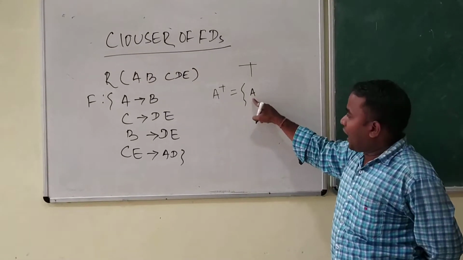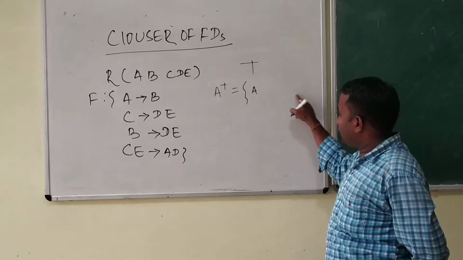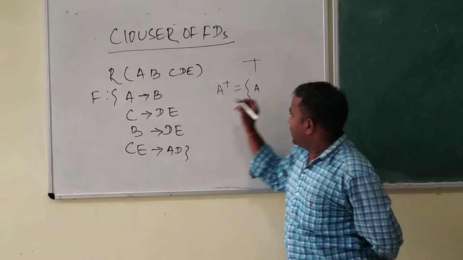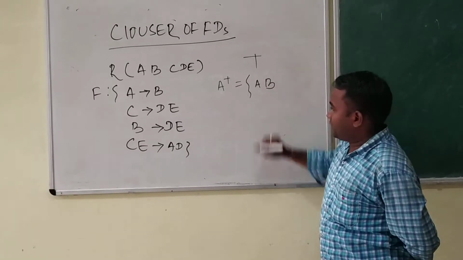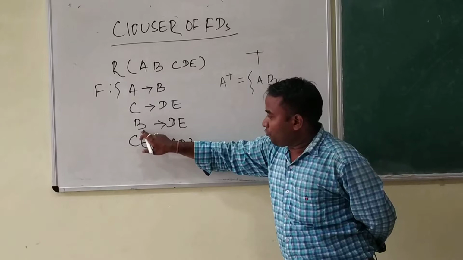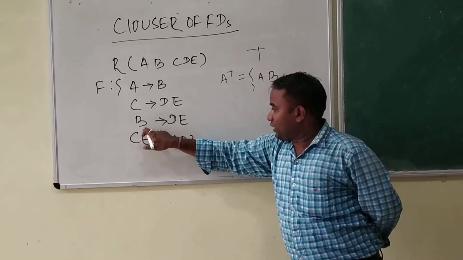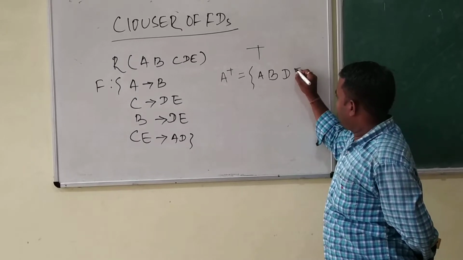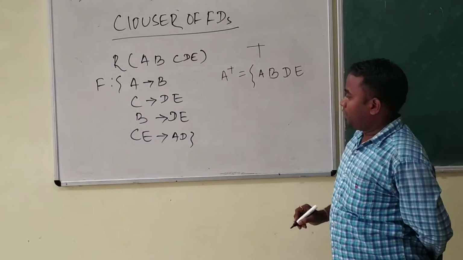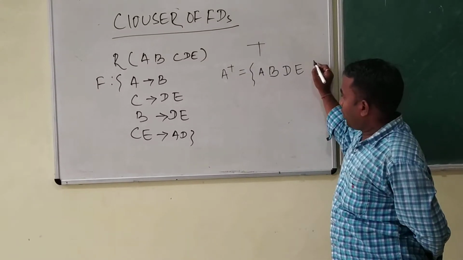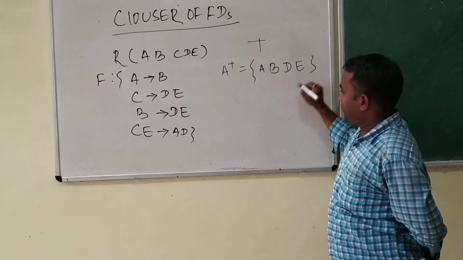Along with A, we have to include whatever else A can derive. A determines B, so B will appear in my set. Once I get B, I can get the value of DE, so DE will also appear in my set. So this is the closure of A.